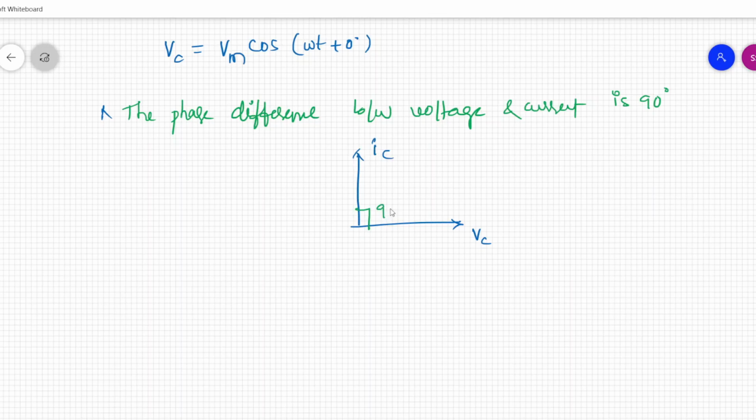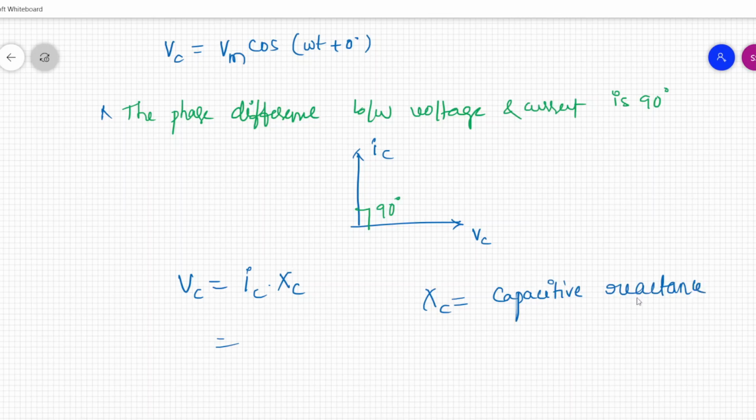The voltage across the capacitor can be written as the current through the capacitor into the capacitive reactance, where XC is called capacitive reactance, whose value is 1 by omega C, where omega is equal to 2 pi f, the angular frequency.